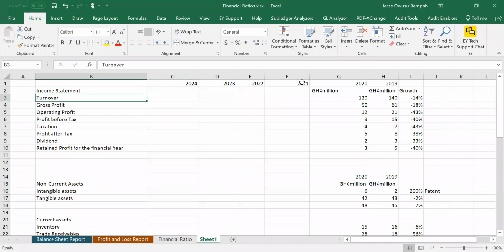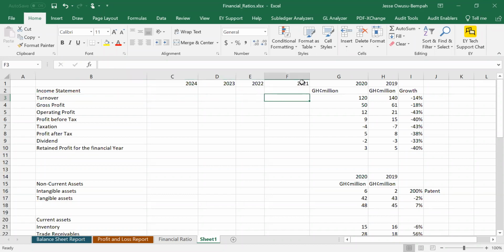So they can give you assumptions around each of these line items. For example, they can tell you that based on SBL's forecasts, turnover might increase 2% every year.